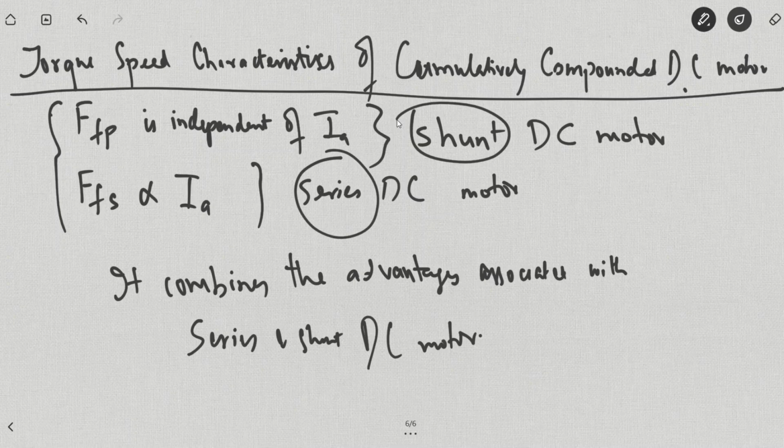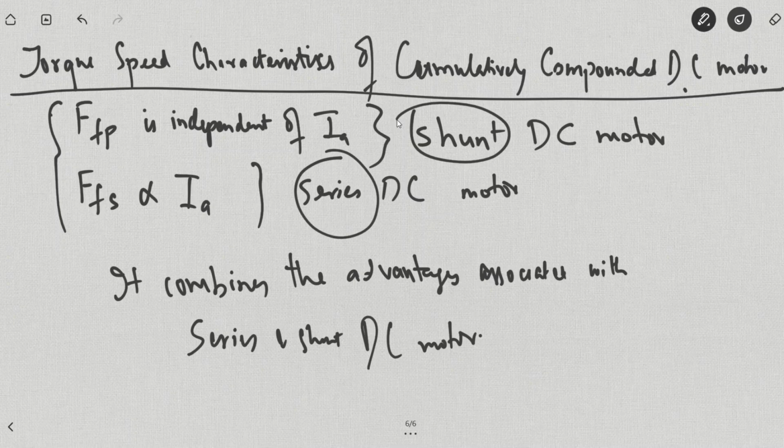But it also has a parallel field winding. In a series field winding, the flux is entirely proportional to the armature current, because of which we cannot actually load the system directly, as we have discussed in case of a series DC motor.